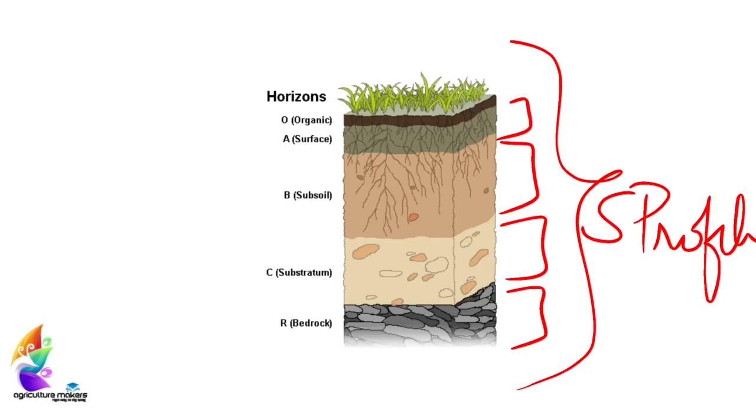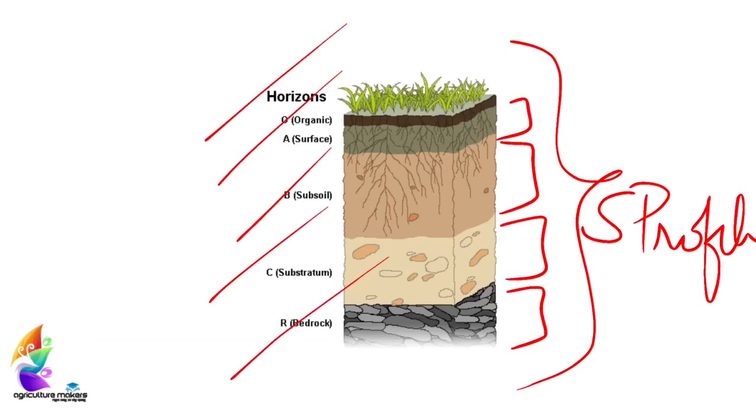Yes, the individual layer of the soil is said to be a soil horizon. There are 5 horizons, namely O, A, B, C and R. O is the topmost horizon and O refers to organic. Yes, the topmost O horizon is the organic zone.